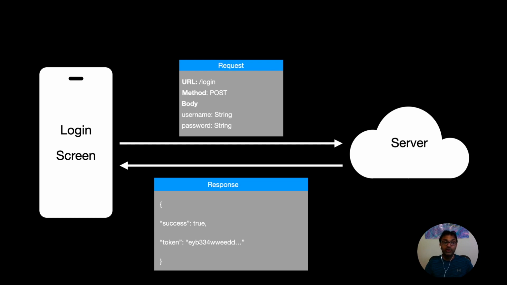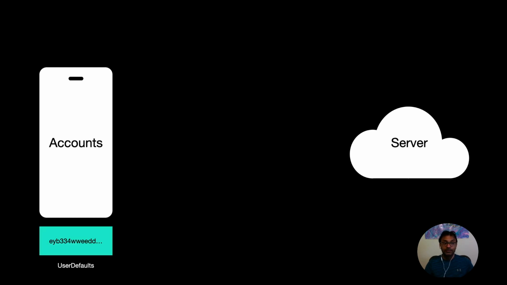Now, this is called the JSON Web Token, and it is created by the server and it is sent to the client. It is the client's responsibility to save that token somewhere. So we will save the token in an iPhone app, in user defaults, or any other place from where we can get it again. All right.